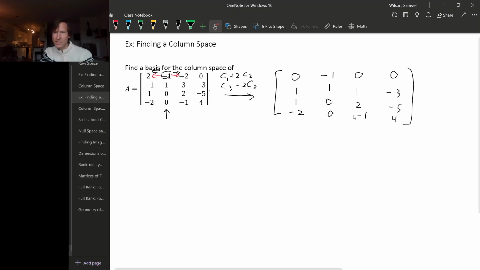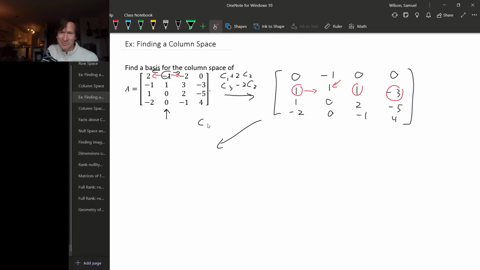So now we can use this one right here to zero out the stuff to the right of it. And in fact, we really only need to zero out these two over here. We don't need to mess with that one. We could if we wanted to, but why bother? So let's do column 3 minus column 1 and column 4 plus 3 times column 1. So column 1 we're leaving alone, so 0, 1, 1, -2.